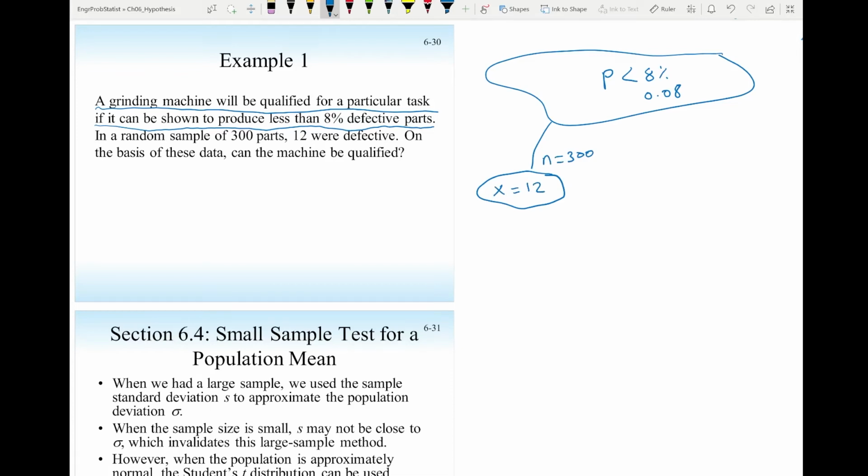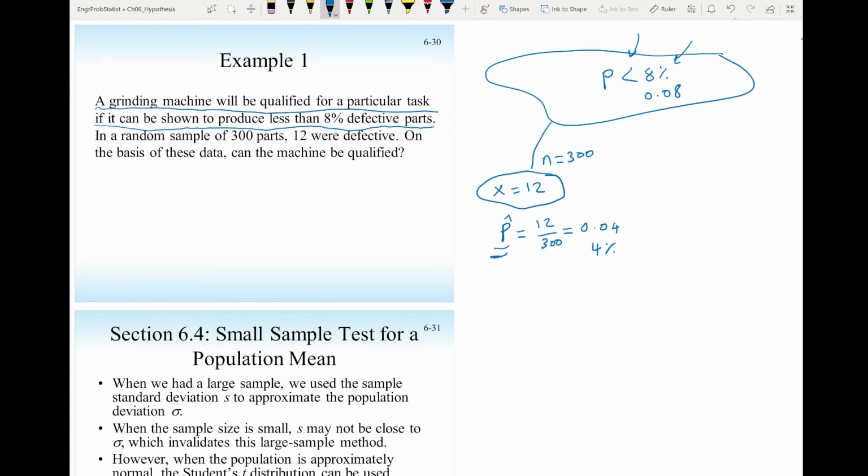So if I calculate the proportion of this sample, it will be 12 divided by 300. So that is 0.04. That's 4%. So the sample proportion is already giving us less than 8%. But that could be by chance. So we have to verify. Is this because the proportion is really 8% of the population?